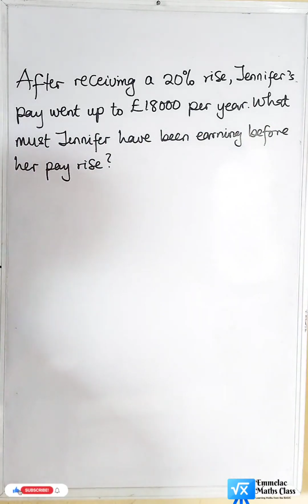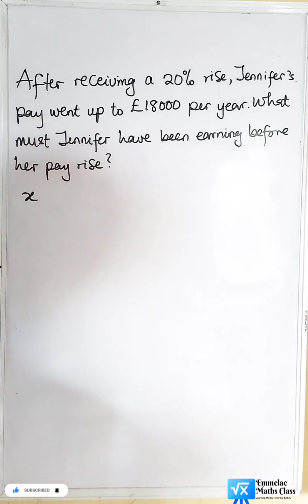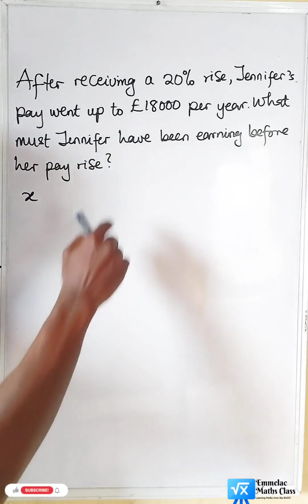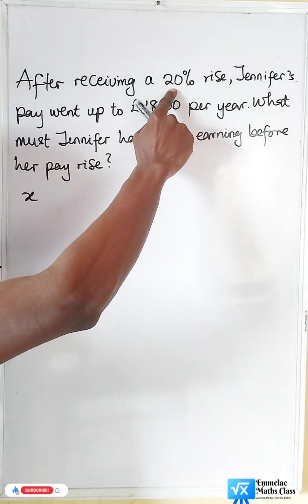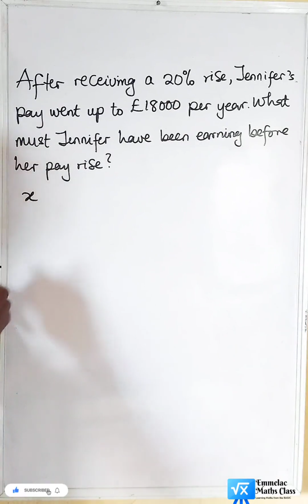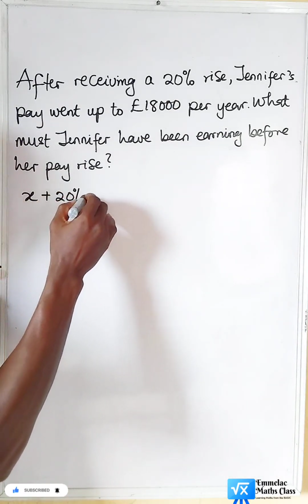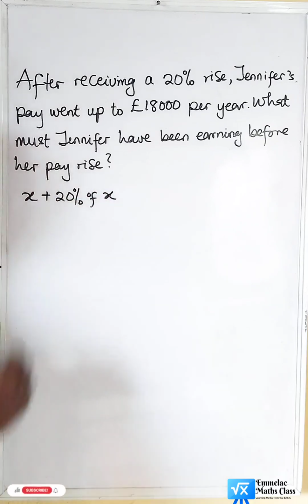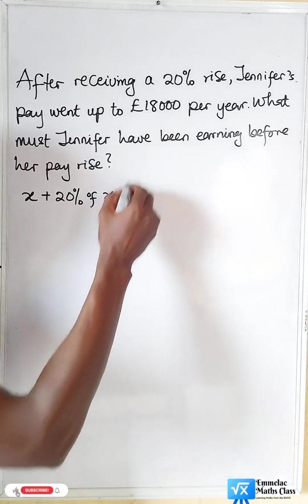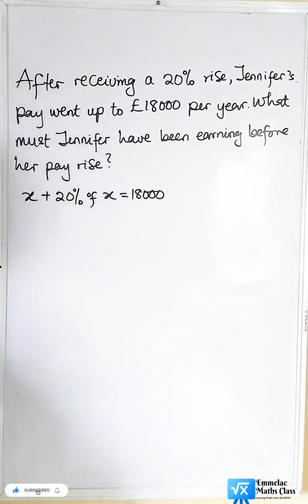The first one we're going to use seems a little bit lengthy. Let us assume that the initial pay was X. An increase of 20% means this initial pay plus 20% of the initial pay gave us £18,000.